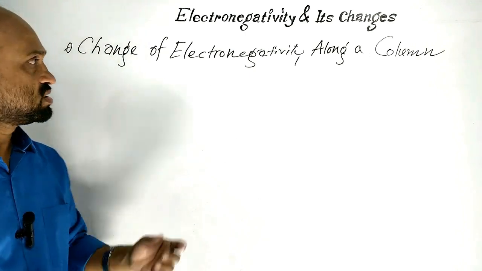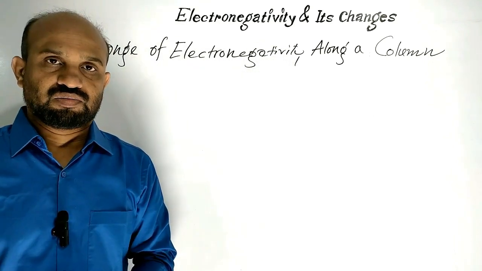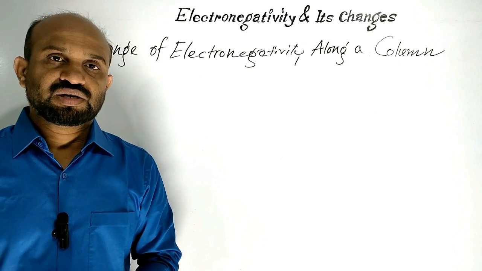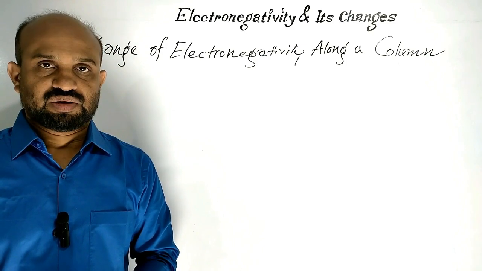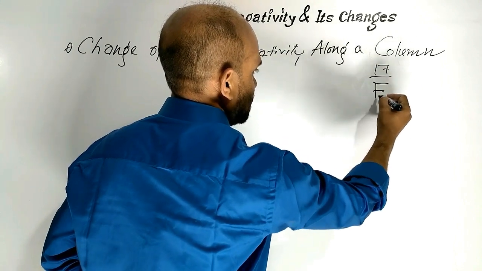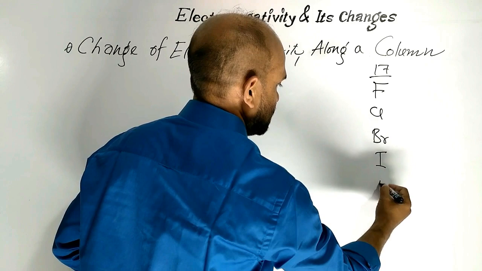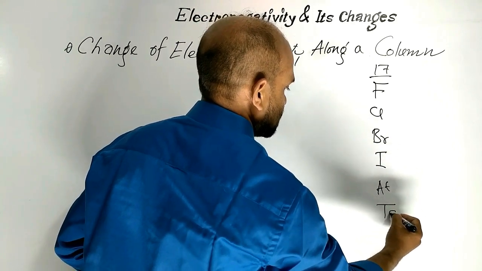Now the point is change of electronegativity along a column. Let's see elements that belong to column 17. Fluorine, chlorine, bromine, iodine, astatine, tennessine.